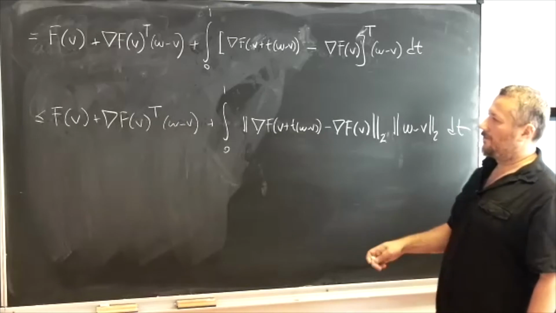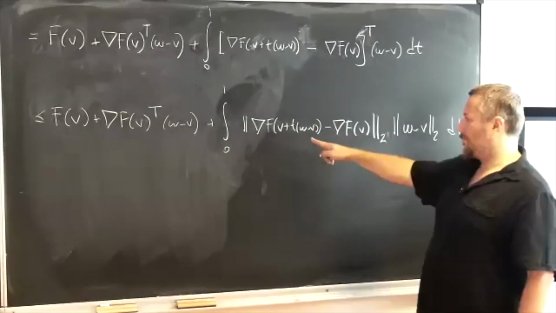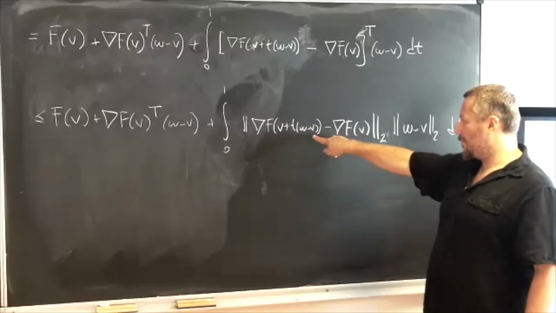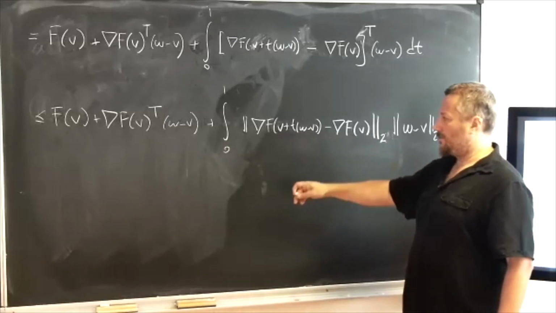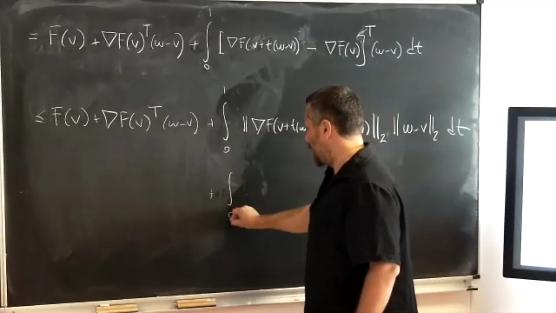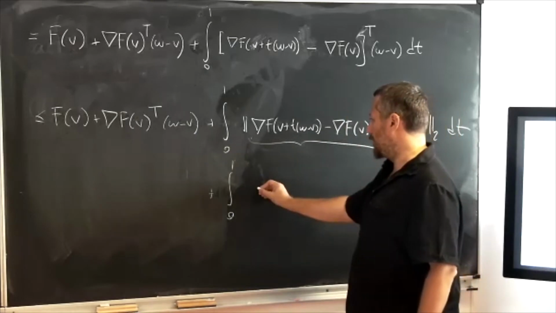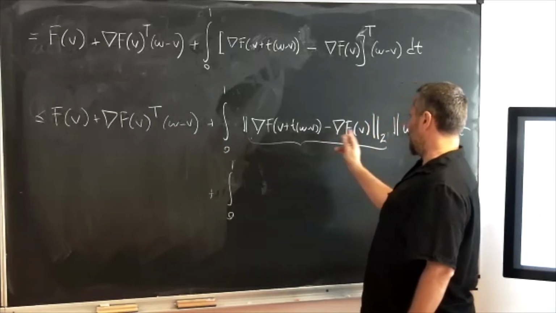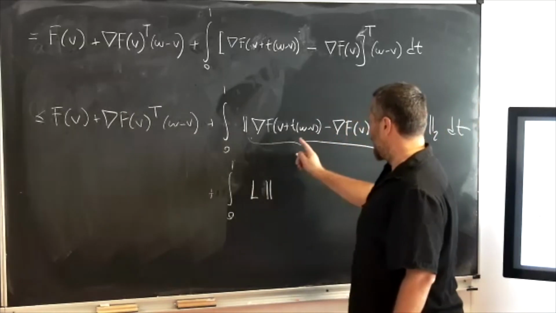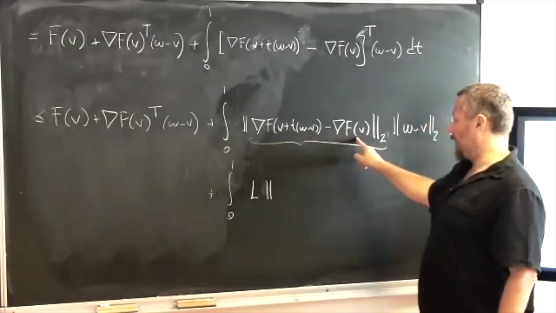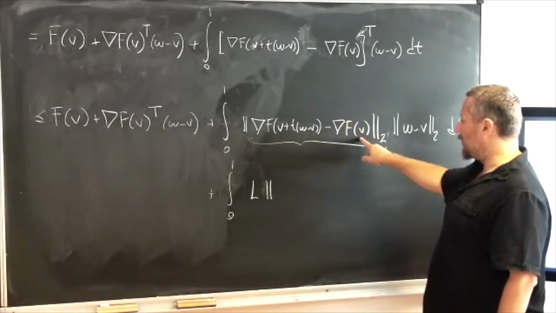Now at last I'm using the definition of Lipschitz continuity. These are the gradients in a norm at 2 points. Lipschitz continuity tells you that this expression here is smaller than or equal to some L times the difference of these 2 points, v plus t times omega minus v, minus v.